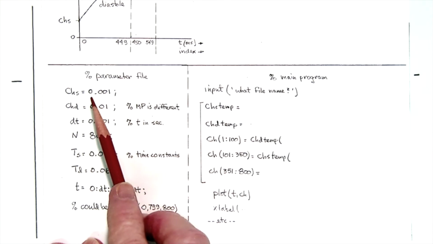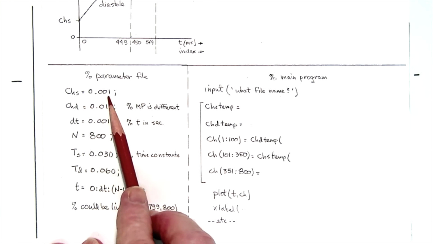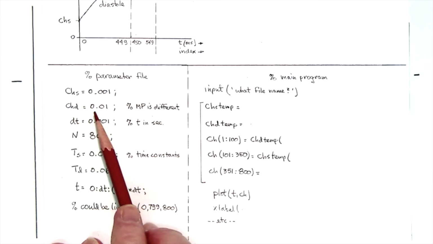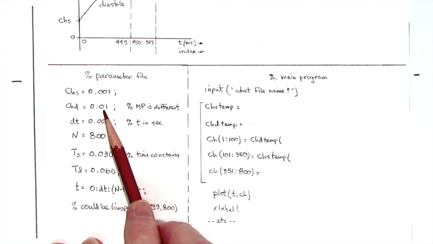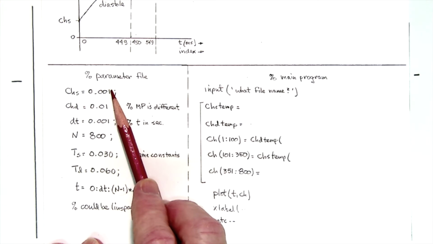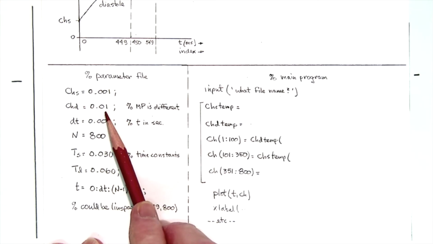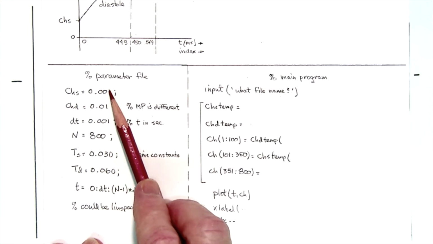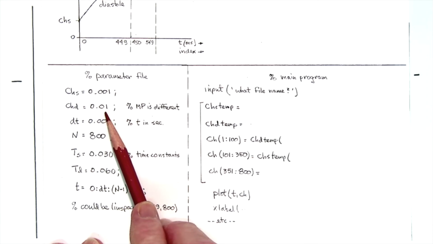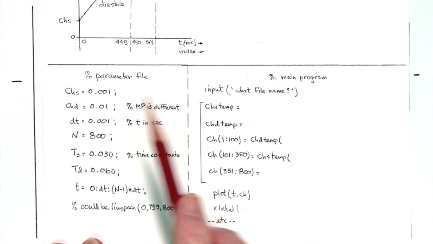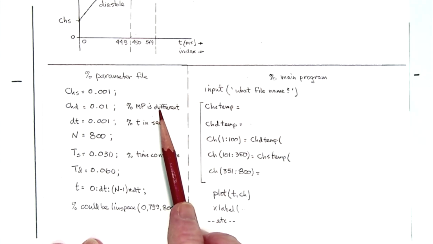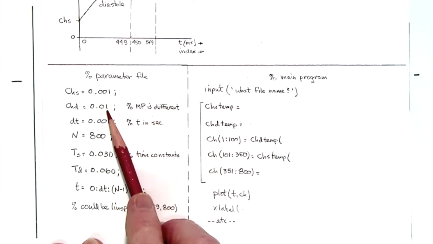It's going to be CHS to be this value and CHD to be that value. Those are not the values that you're going to use in your major project. These are simply values that for this particular case we're going to use for CHS and CHD. Your values are going to be different for the major project.